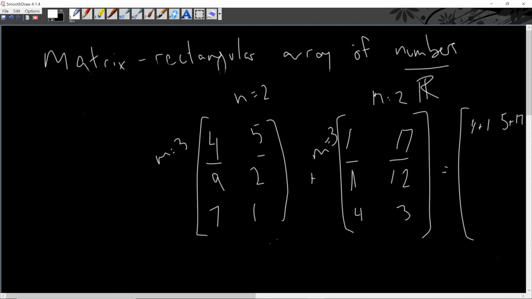and then we have a21 and a22, so we have b21 and b22, and then we get 9 plus 11 and 2 plus 12 for a plus b 22, and then we have a31, b31, 7 plus 4, and a32 and b32, so 1 plus 3.